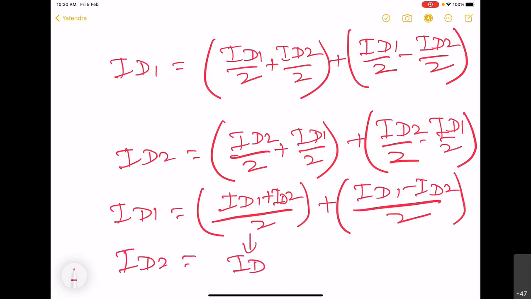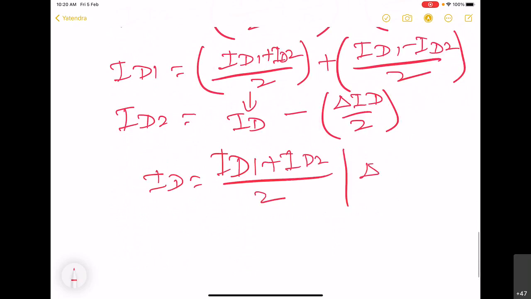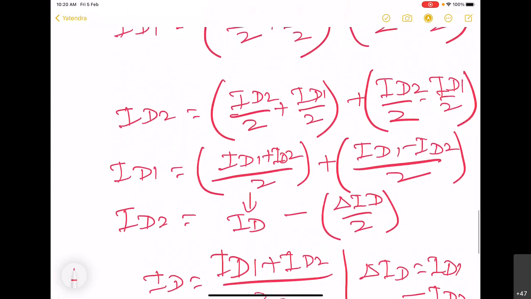This is the average. This term is common to both. And this becomes delta ID by 2. So here ID is average of the two currents and delta ID is difference. Right.